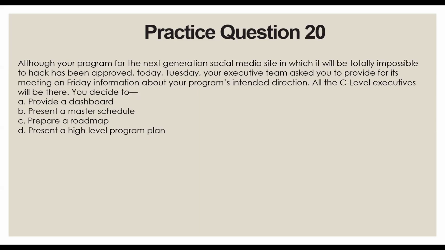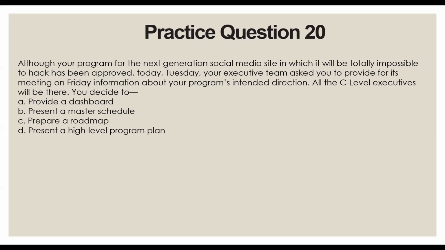Now, although your program for next generation social media site in which it will be totally impossible to hack has been approved, today, Tuesday, your executive team asked you to provide for its meeting on Friday information about your program's intended direction.